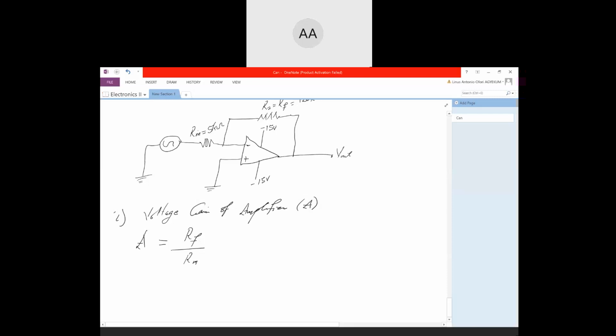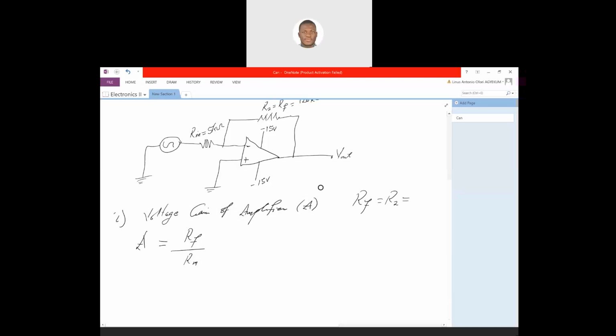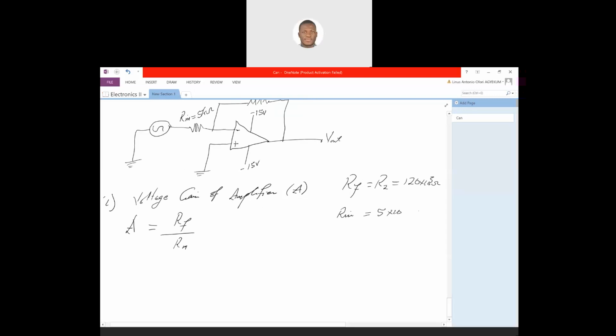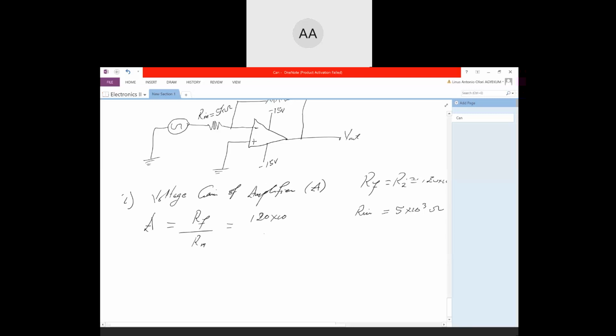Yes, sir. Okay. So in that case, since we have RF, which is the same as our R2, to be 120K, 120 times 10 raised to the power 3 ohms, and we have our R in equal to 5 times 10 raised to the power 3 ohms, we would then have our voltage gain to be 120 times 10 raised to the power 3, all divided by 5 times 10 raised to the power 3.